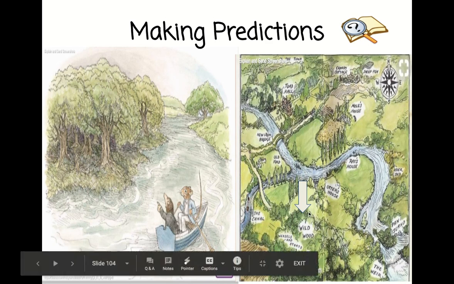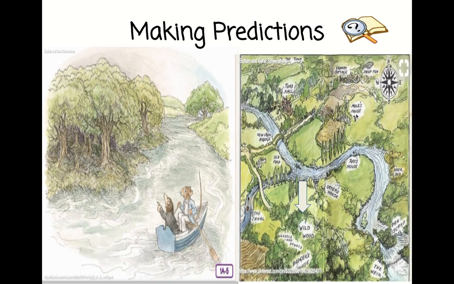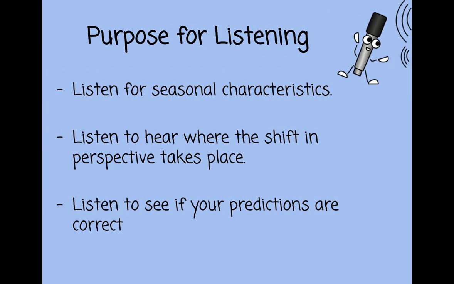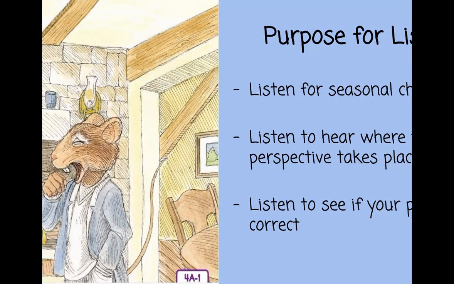Here we have a map of where the location is actually in relation to Rat's house and Mole's house and other things that are going on in our story. So listen for seasonal characteristics, listen to hear where the shift in perspective takes place, and listen to see if your predictions are correct about the wild wood.